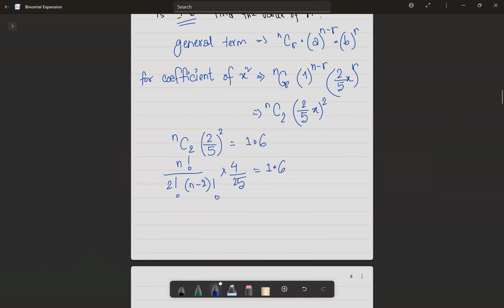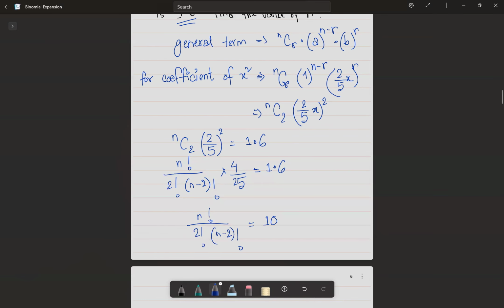So now 1.6 can be divided by 4/25. Since 4/25 is multiplied in here, it goes to the other side and gets divided. So we can write this as 1.6 divided by 4/25, which is going to give us 10 from our calculators. And we have n factorial divided by 2 factorial into n minus 2 factorial is equal to 10.